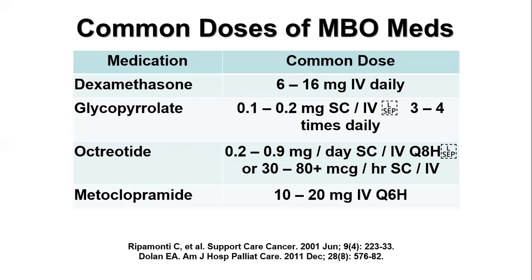Hyoscine would be 20 to 40 milligrams 3 times a day, or titrated accordingly. Octreotide is 0.2 to 0.9 milligrams or 30 to 80 micrograms per hour subcut or IV. Metoclopramide, the usual dose, that is 10 to 20 milligrams Q6 hourly. Next slide, please.